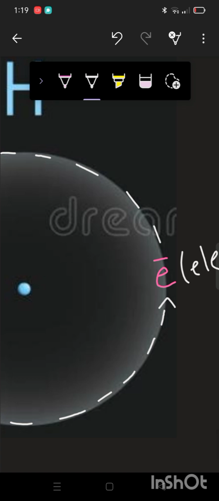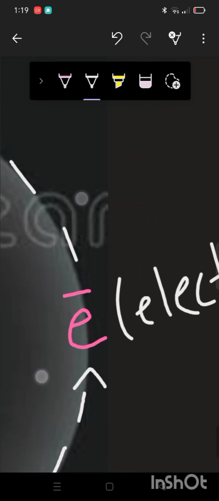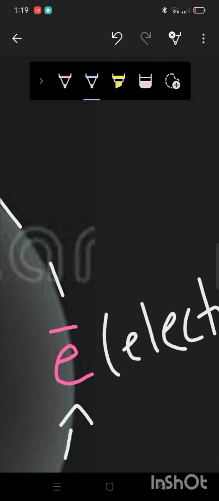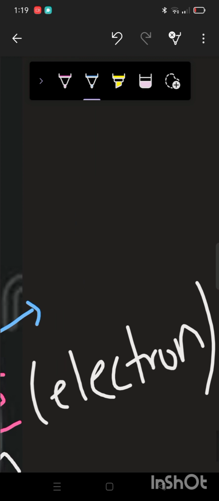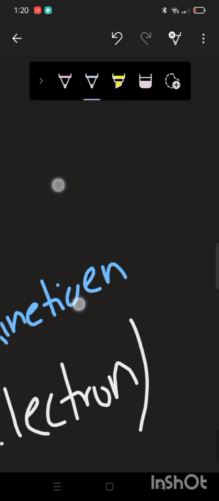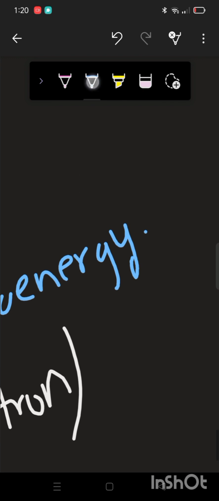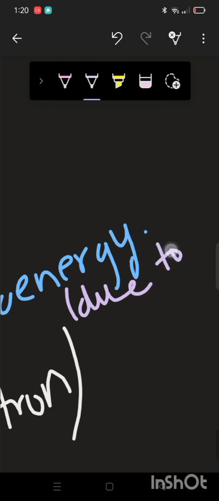Basically this energy is not of the electron, however, this energy is of the shell, right? So it has kinetic energy due to motion. Let me write that.